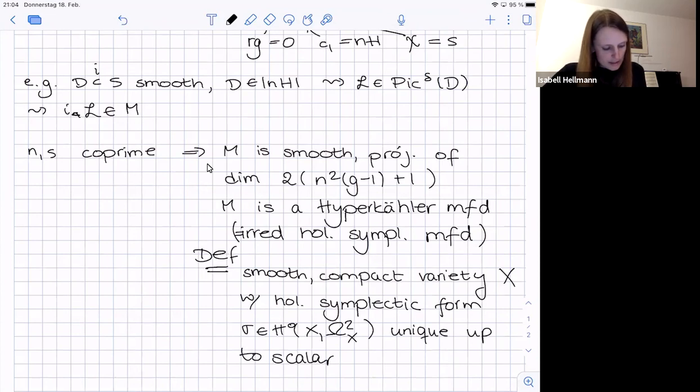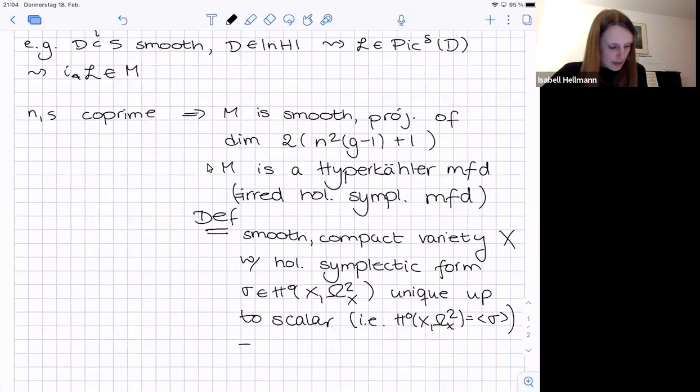So this means that actually the space of two-forms is generated by sigma. And then there's the last property: X is simply connected.